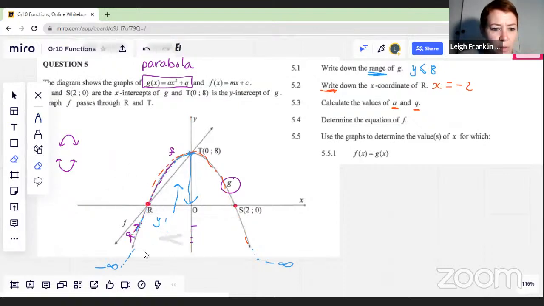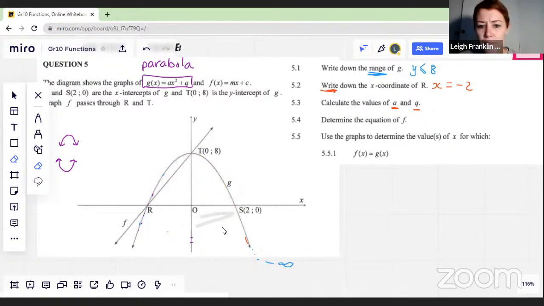Anybody else get the same answer? Marisa, you said q is 8, a is -2. Nolwazi, you said exactly the same thing. Okay, so let's go back and have a look at this.